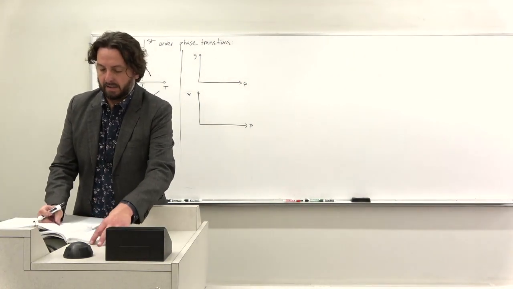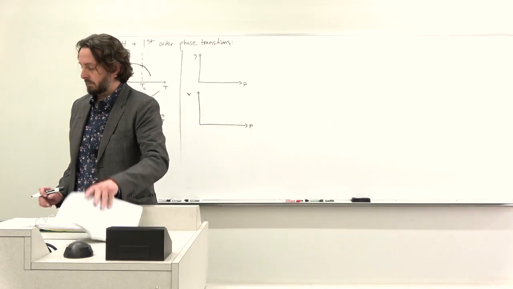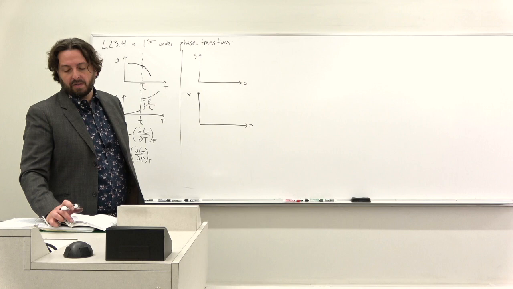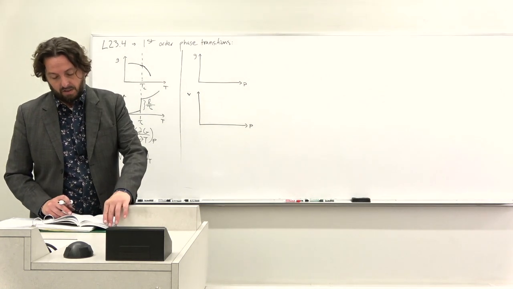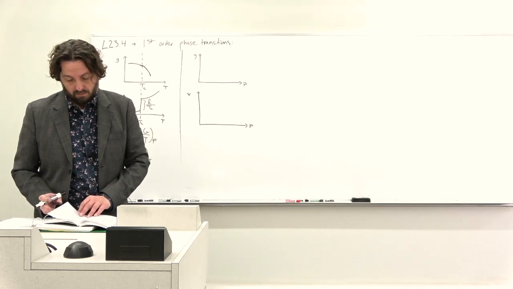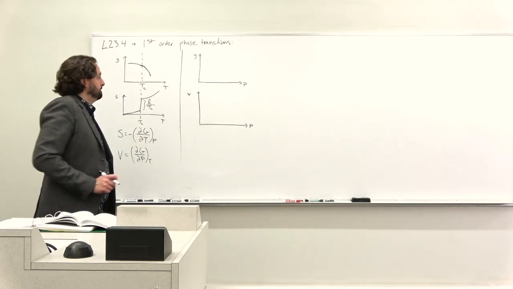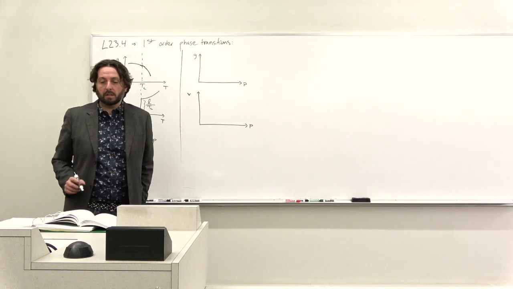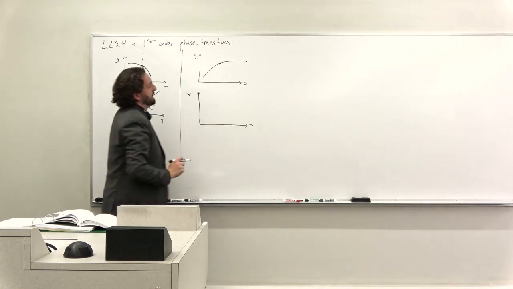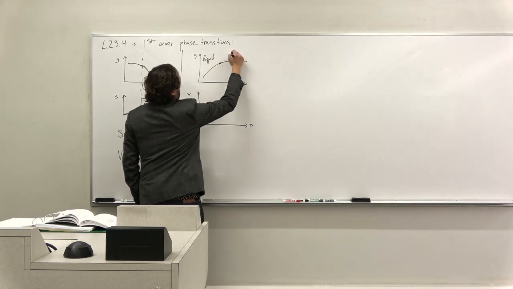You can find this actually graphed pretty nicely on page 175 of Finn, chapter 9.5, 9.6, 9.7. So what should it look like? It should look like this as a function of pressure, where this is the liquid and this is the solid.